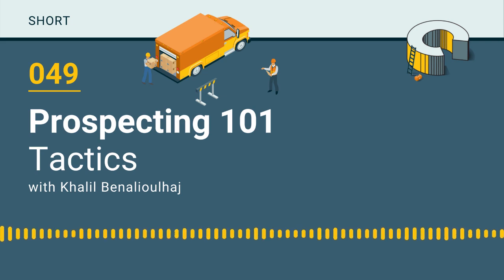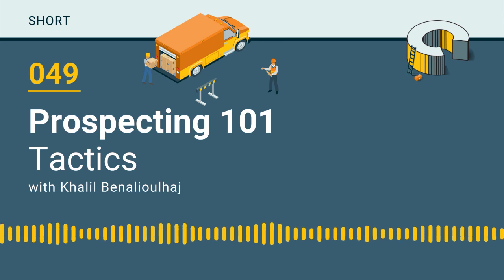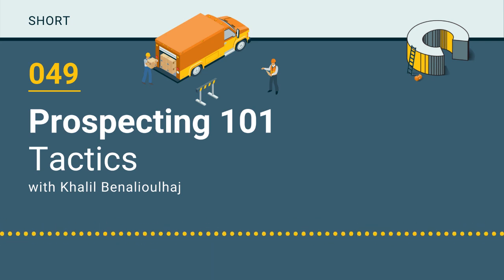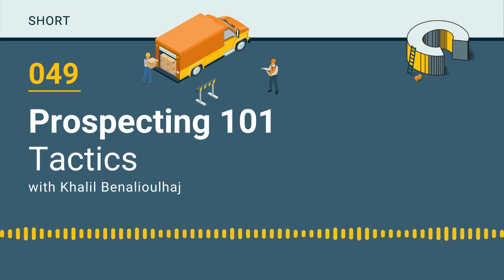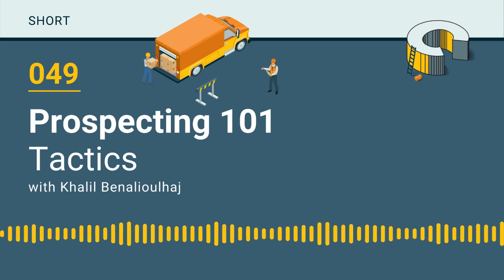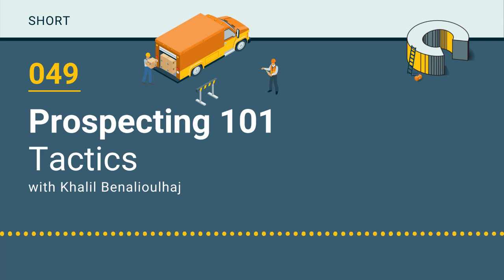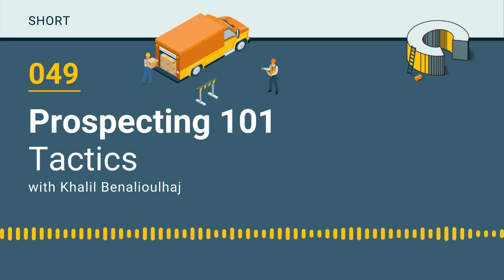Let's say Billy Bob Construction is the domain, billybobconstruction.com. If you know the person's name that you're trying to get a hold of, but you don't have their email, you can try some different combos of their name at that domain. So if you go into Gmail and type in the address bar, say I want to get in touch with John Smith at billybobconstruction.com, you're going to type in john@billybobconstruction.com, see if it pulls up.